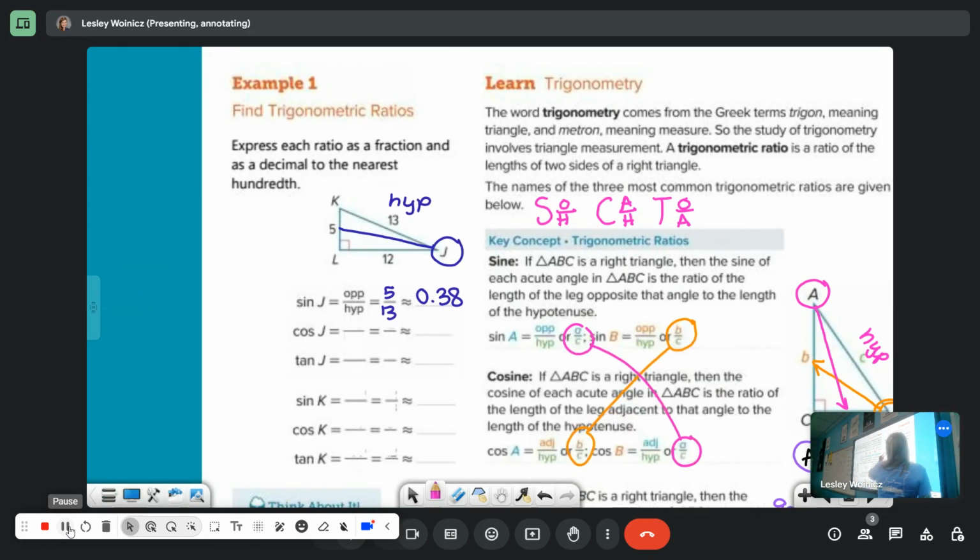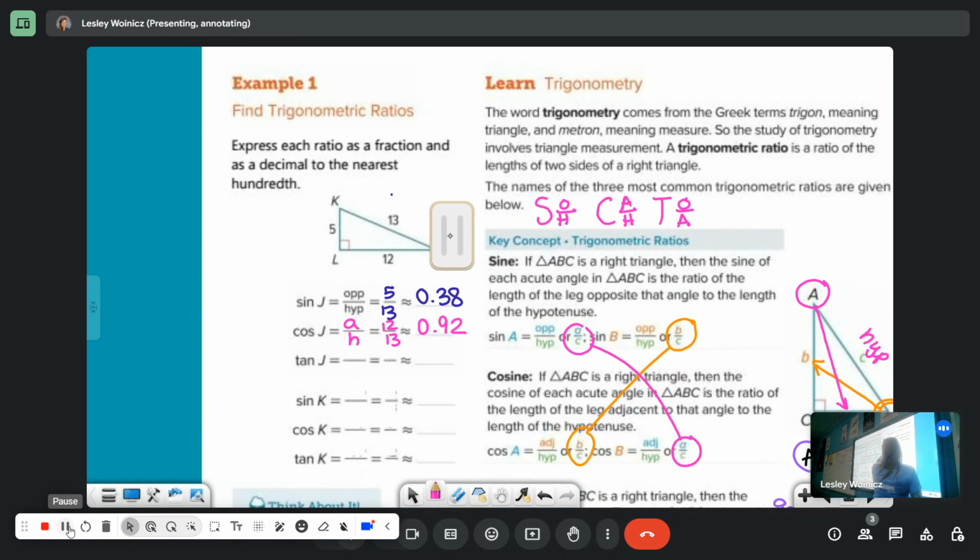All right, what about cosine of J? So if I'm looking at J and I want the cosine, I want the adjacent over the hypotenuse. So that would be 12 over 13. I'm getting 0.92. Okay.